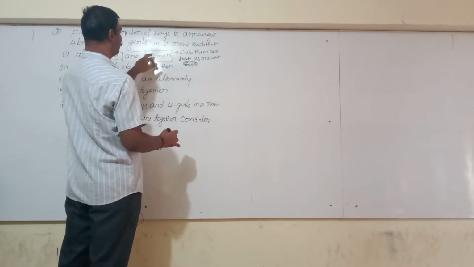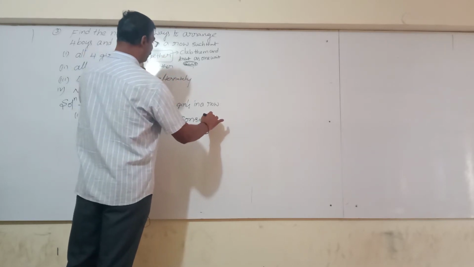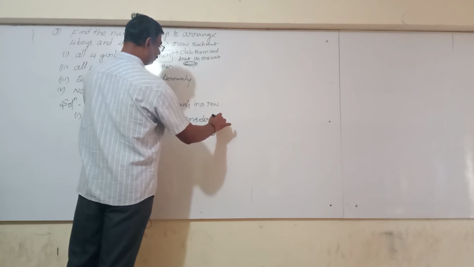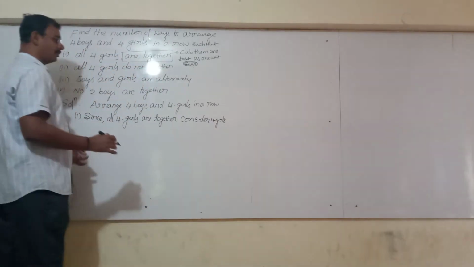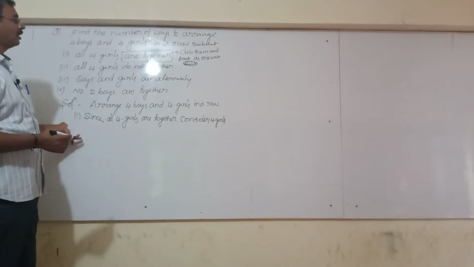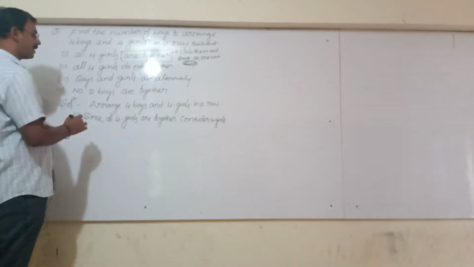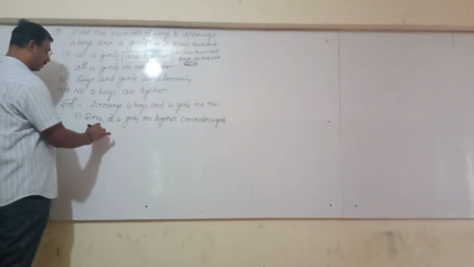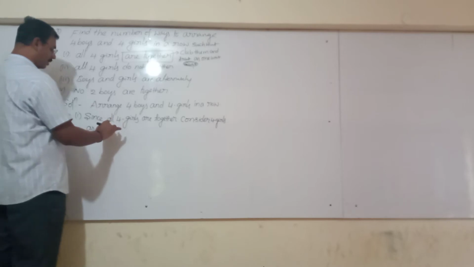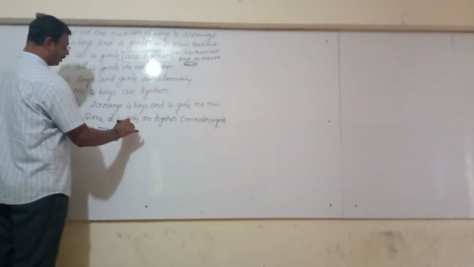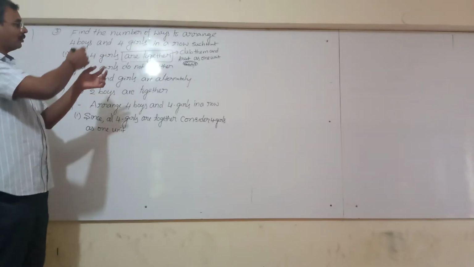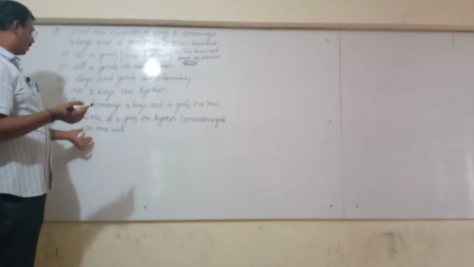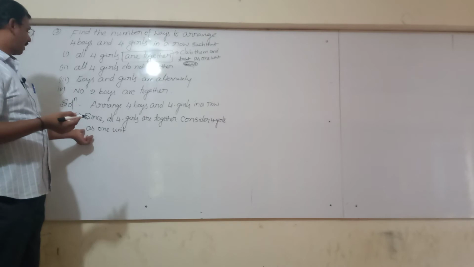Consider these 4 girls as one unit. Always consider 4 girls as one unit. Club them on 3 dimensions. You tie them only, tie them by thread. So 4 girls as one unit.